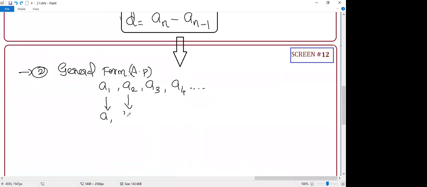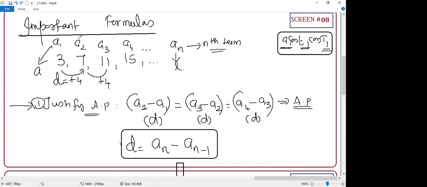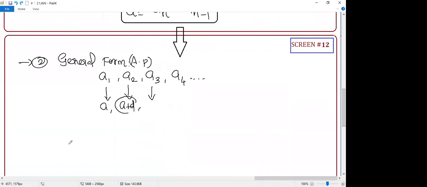Yes, sir. Third term, how are you obtaining it? Second term plus D. Second term, what you got? A plus D. Then again you are adding one more D. What will happen? A plus 2D. Then next is what?